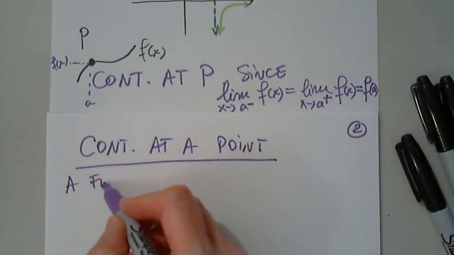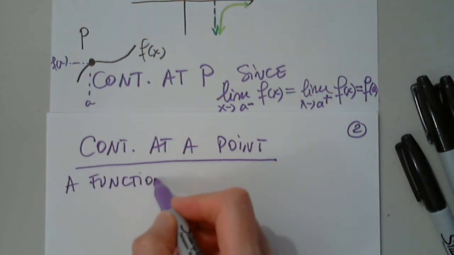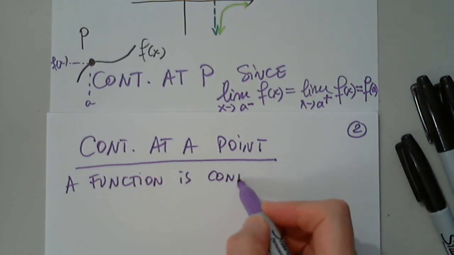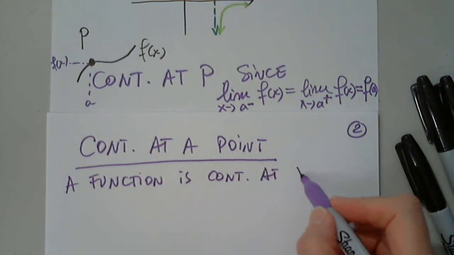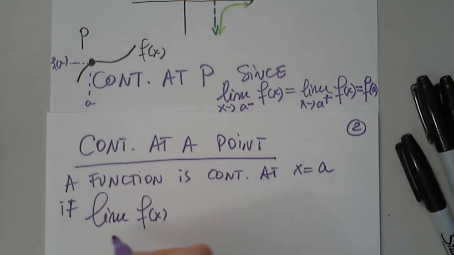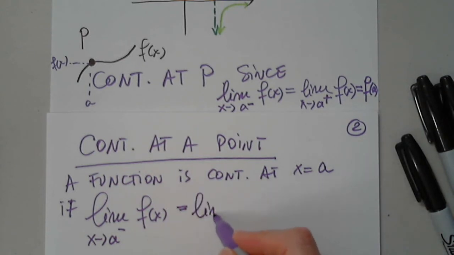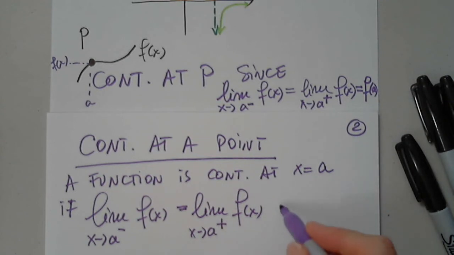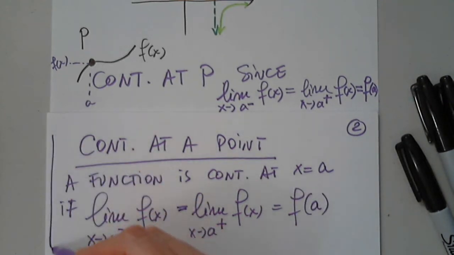A function is continuous at x equals a if the limit of the function from the left of a exists, of course, and it equals the limit of f of x as x approaches a from the right, and it equals the function value at that point.